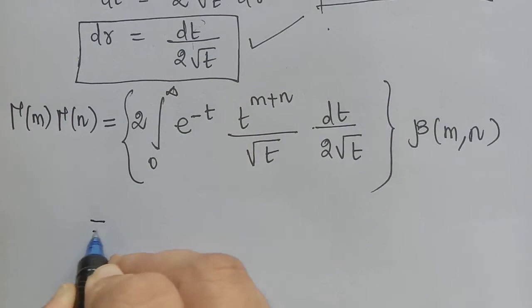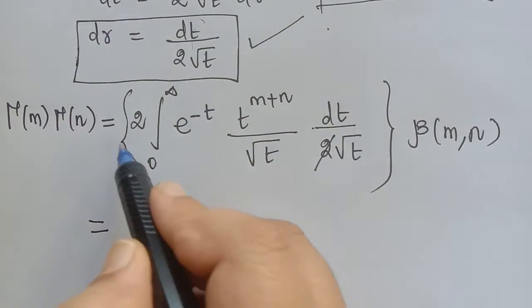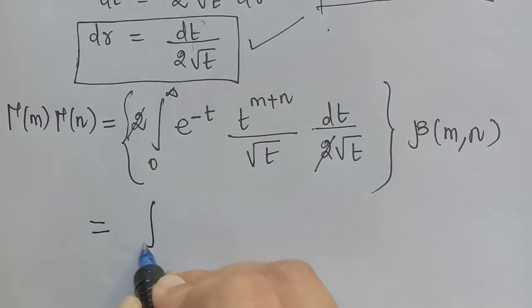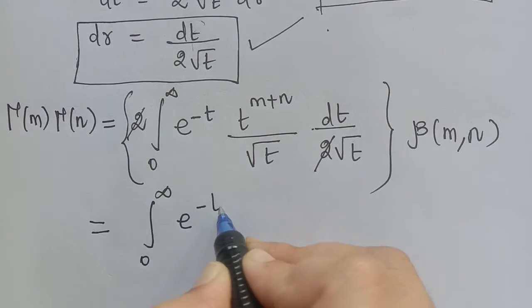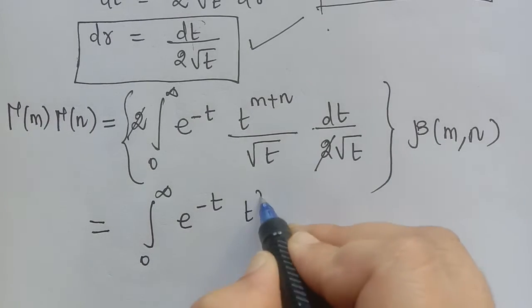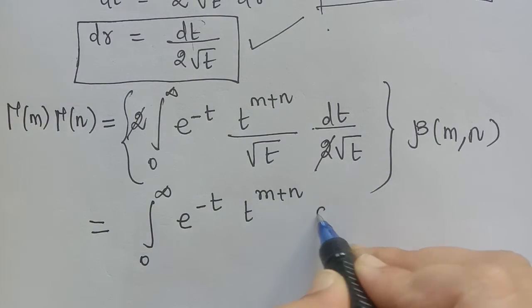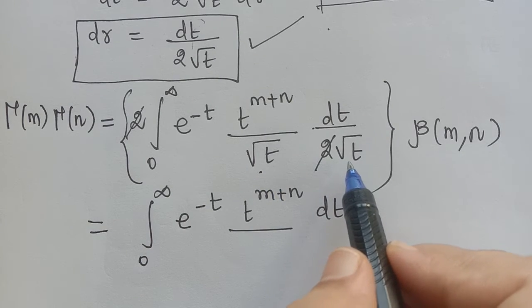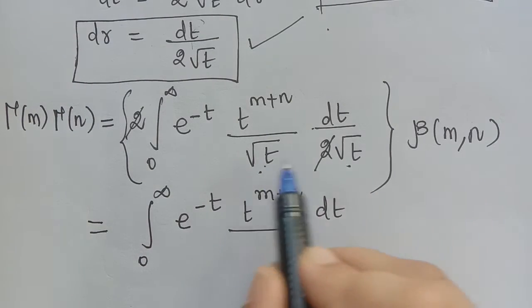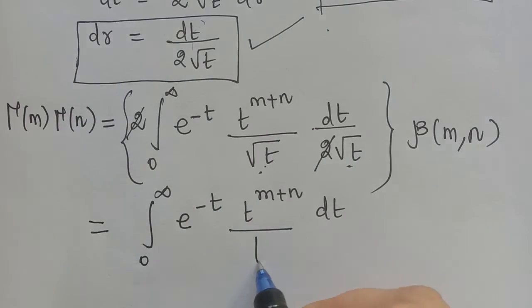And so that will be equal to, we observe that this 2 and this 2 get cancelled. And so we will be having integral 0 to infinity e to the power minus t, t to the power m plus n, dt divided by the square root of t multiplied with square root of t, and root t multiplied with root t becomes t.